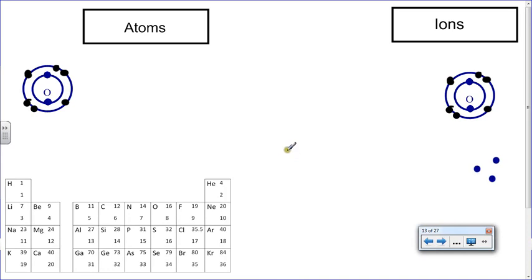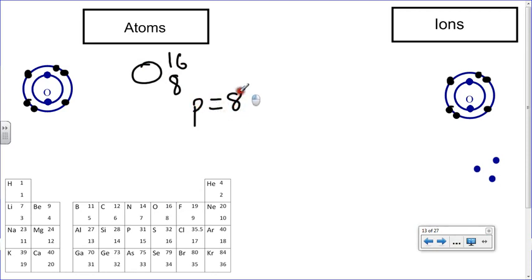So let's have a look at some more. We've got oxygen here again, that's in group 6, so 6 electrons in its outer shell. Oxygen 16 and 8. And the electrons again match the number of protons because an atom is neutral. It wants to gain a full outer shell. It's only got 6. Giving away 6 seems like a lot of hard work.